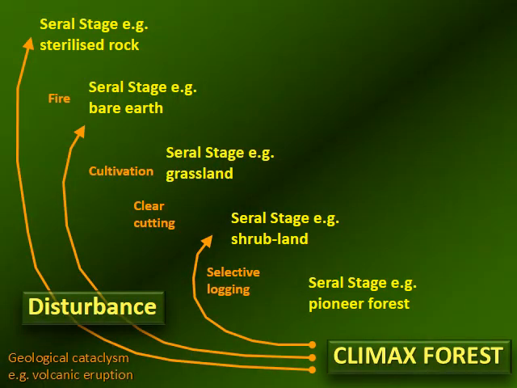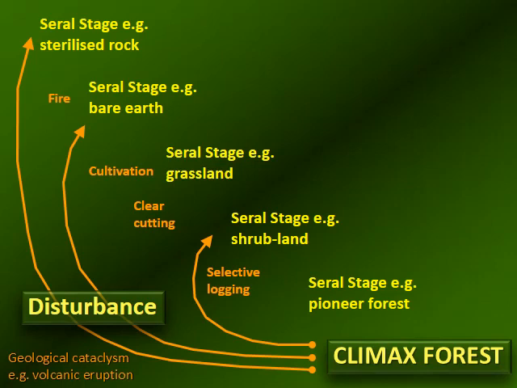So here it is, Ecology 101, the theory of ecological succession. If you take a climax forest or a mature and fully developed and undisturbed forest and you disturb it with a little bit of selective logging, you might go back to a forest which is dominated by more light-loving species, the pioneer species, or you might knock that forest back to a shrubland. If you take away all the trees and do some clear cutting, you might get back to a grassland.